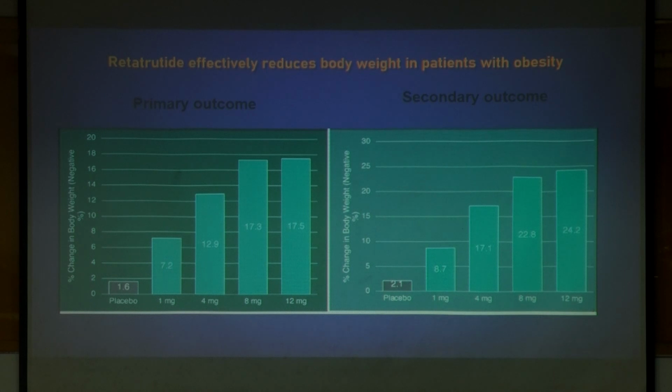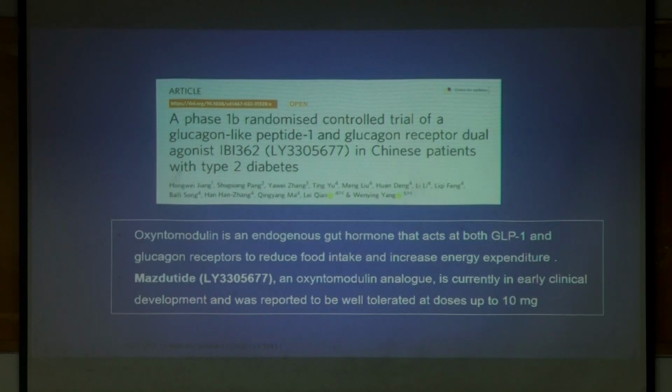A few words about the newer molecules. Retatrutide effectively reduces body weight in patients with obesity. Over a period of time, there was nearly 18% and nearly 24.2% reduction with 12 milligram of retatrutide, which has a huge influence in the management of obesity. And oxyntomodulin is an endogenous gut hormone that acts on both GLP-1 and glucagon receptors.